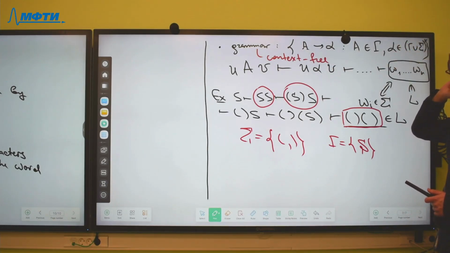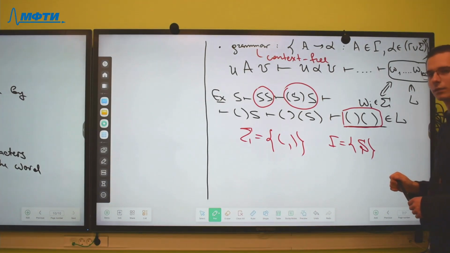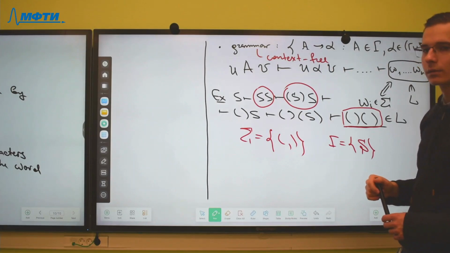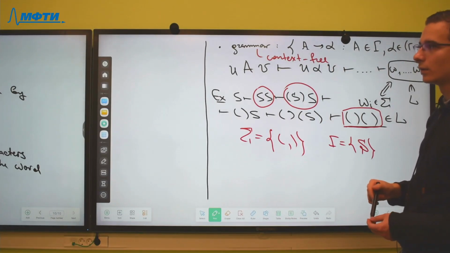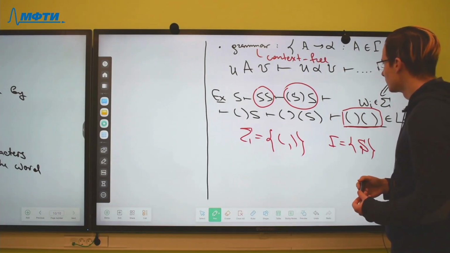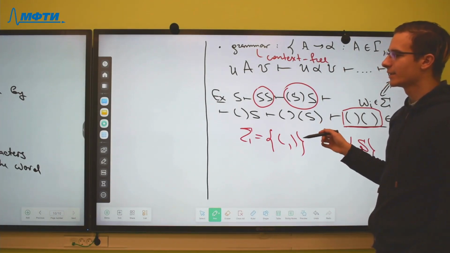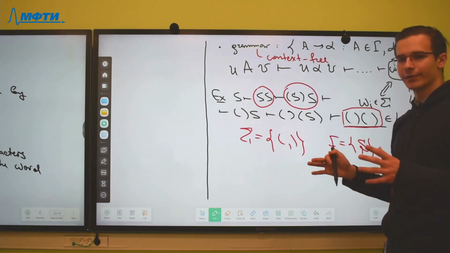In the common way, for example, here S is a non-terminal symbol and parentheses. Or we can say that any non-terminal symbol is equal to a substring of the words.